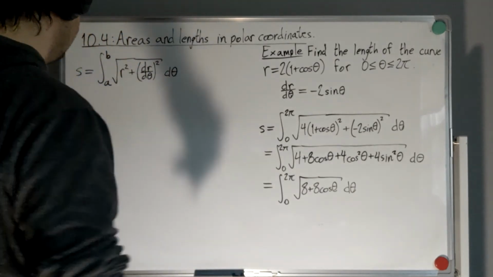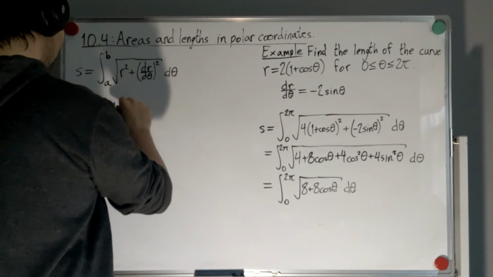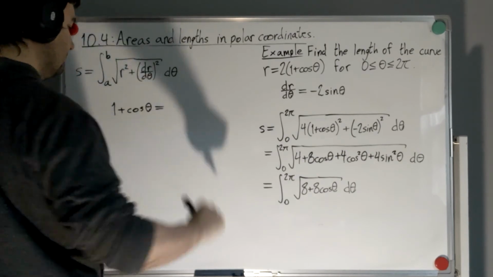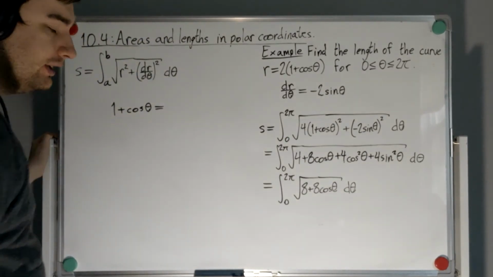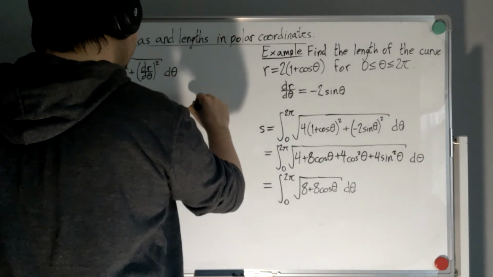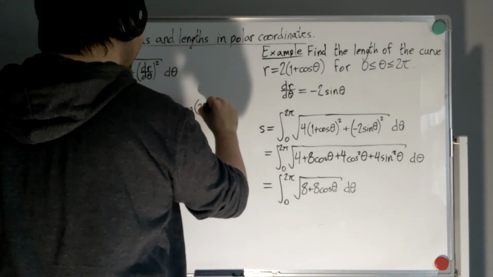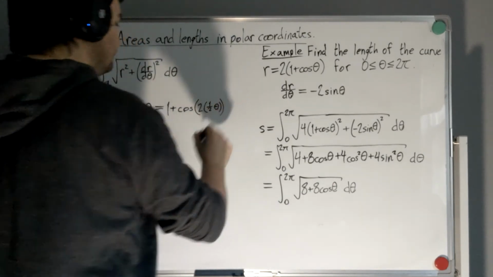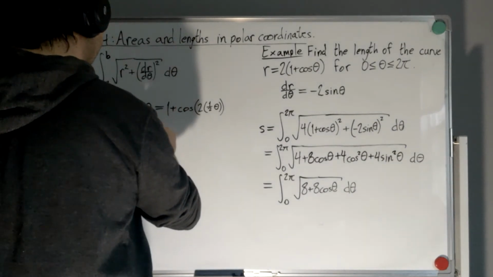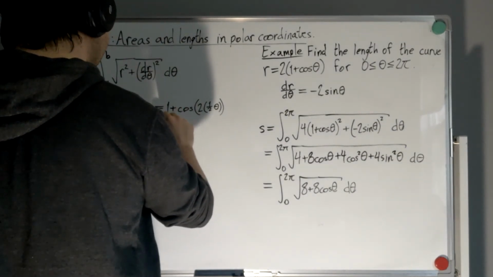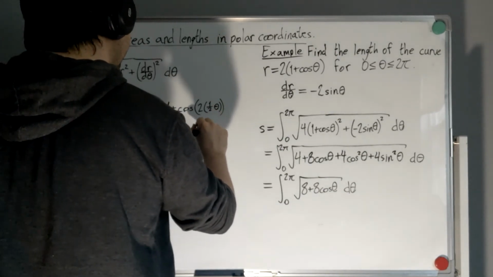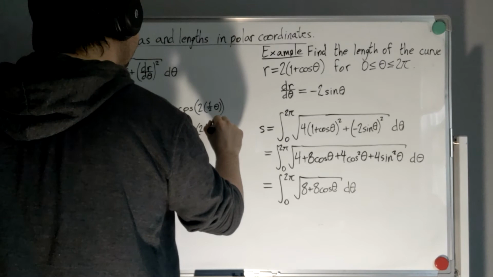Well, 1 plus cosine theta, that's the same as 1 plus the cosine of 2 times 1/2 theta, which in turn is the same as 2 times 1/2 times 1 plus cosine of 2 times 1/2 theta.